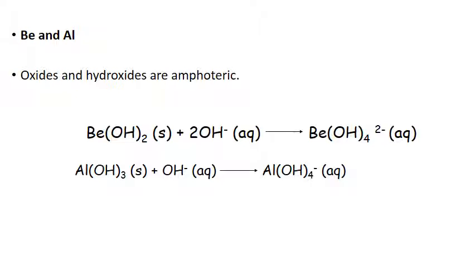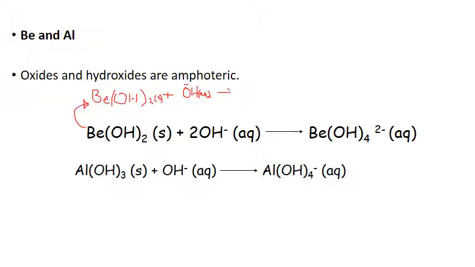But you note what I'm going to do. Instead of this, I can write it just like this. Beryllium hydroxide, it doesn't change the formula here. It reacts with the hydroxide ions, which is the sodium hydroxide in that case.